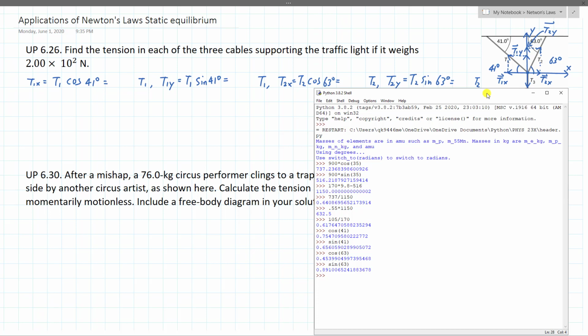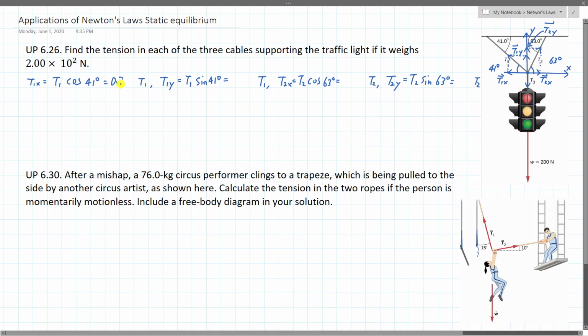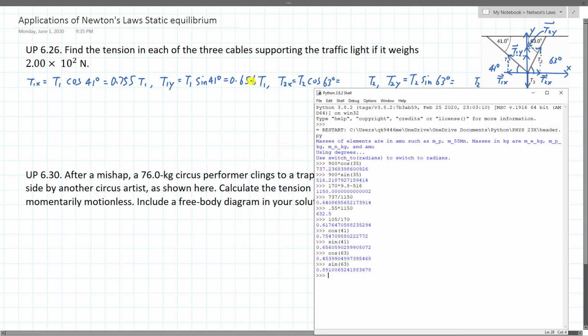So for the 41 degree angle, cosine is 0.755, sine is 0.656.